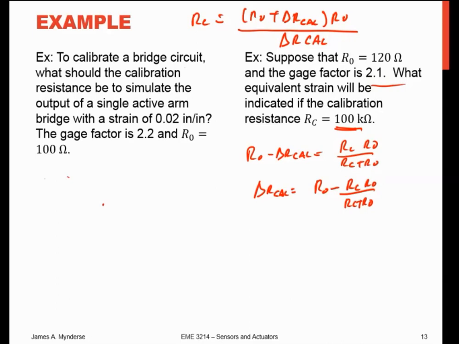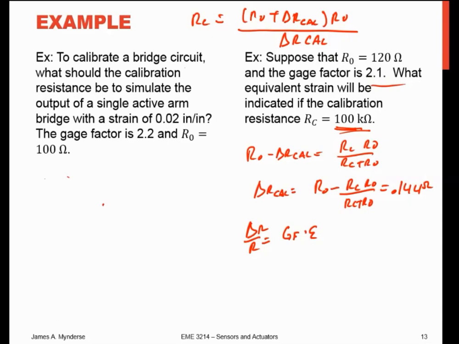And if I plug in the numbers of 100 kilo ohms and 120 ohms, and assuming I didn't make any mistakes, I come up with 0.144 ohms for our delta R cal. And remember that delta R over R equals gauge factor times epsilon.